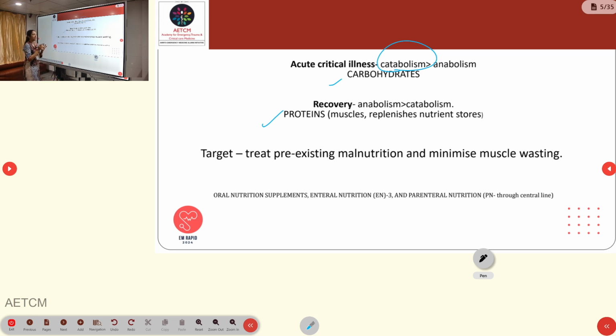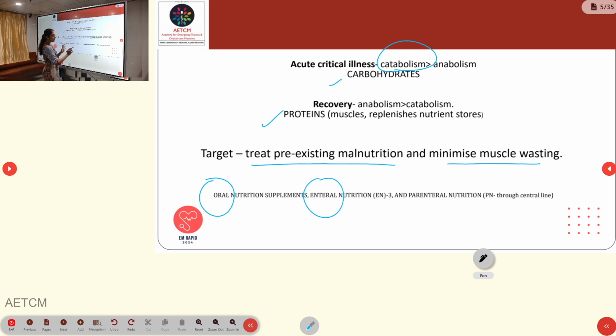In the ICU, as I told before, we need to treat the pre-existing malnutrition and minimize muscle wasting. Nutrition can be provided by oral nutrition if the patient is able to take orally, or by enteral routes directly to the stomach through a Ryle's tube, gastric route, PEG feeding or a jejunal approach.